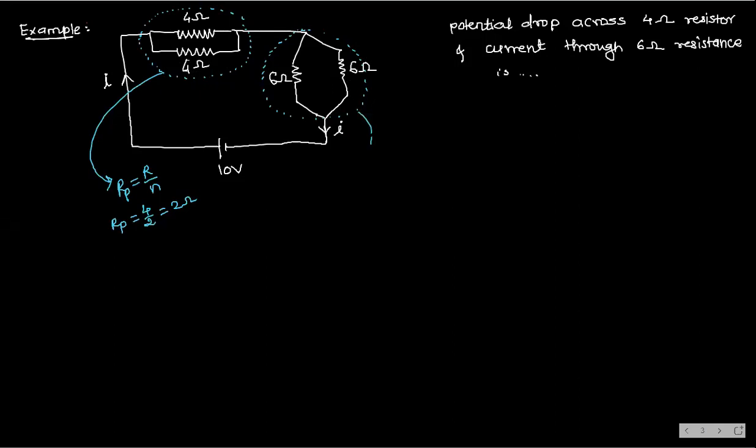At this side also, Rp is equal to R by N, so 6 by 2, which is equal to 3 ohm.